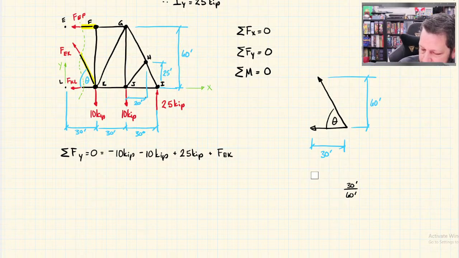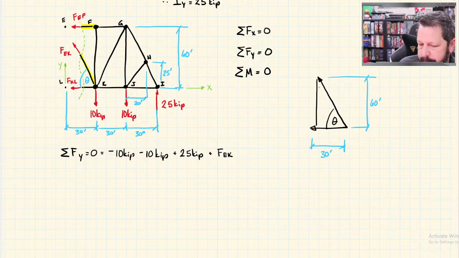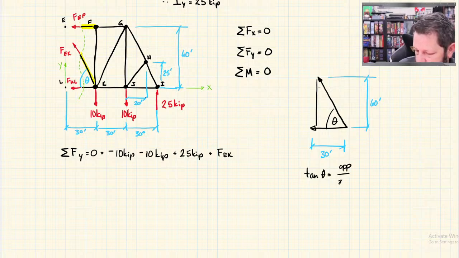We've got to do that all over. I put the 60 feet labeled over here and showed it connected to that, but that's actually this height, not the diagonal piece. Tangent of theta equals opposite over adjacent. So tangent of theta equals the opposite side, 60 feet, over the adjacent side, 30 feet.